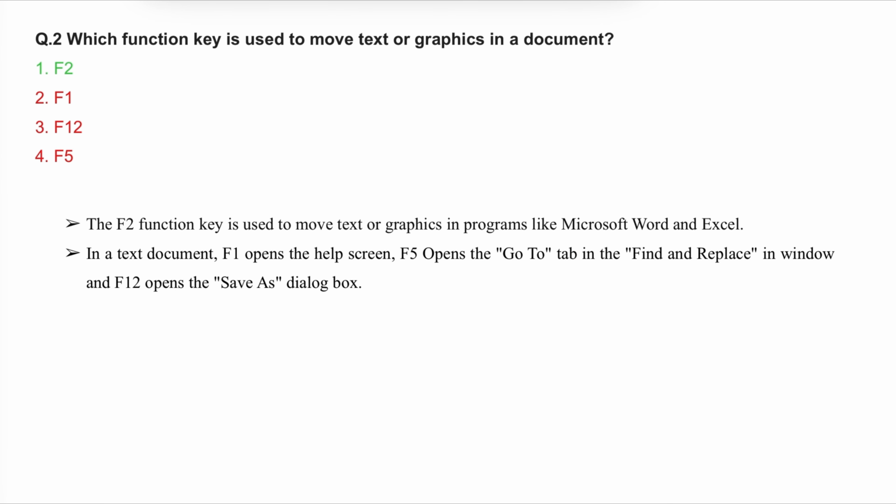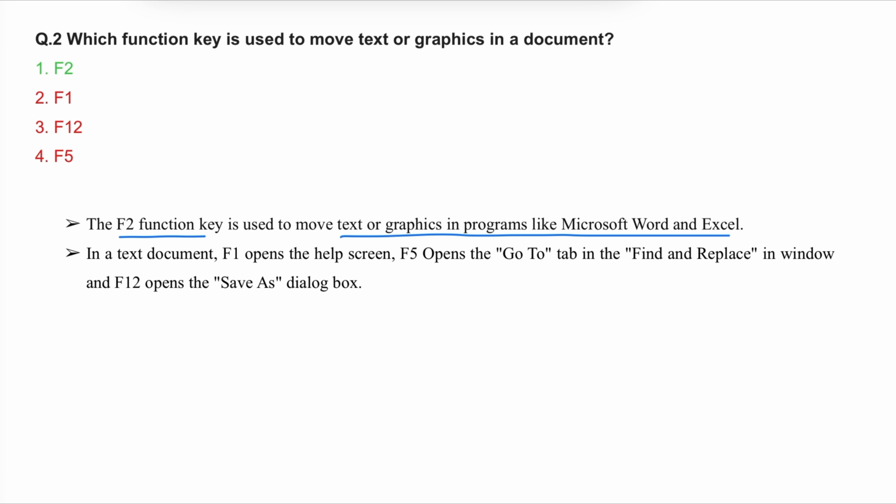Next question. Which function key is used to move text or graphics in a document? The F2 function key is used to move text or graphics in programs like Microsoft Word or Excel.